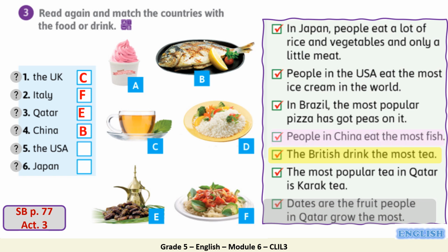In China, people eat the most fish. Excellent. Number 5. People in the USA eat the most ice cream in the world. Good job. Number 6. In Japan, people eat a lot of rice and vegetables and only a little meat. Excellent.